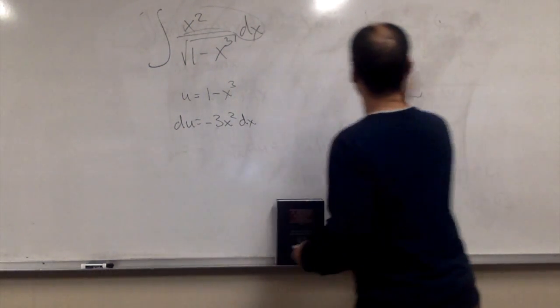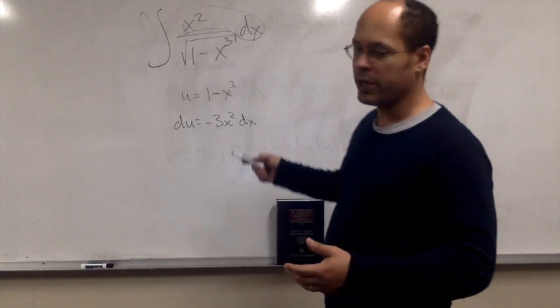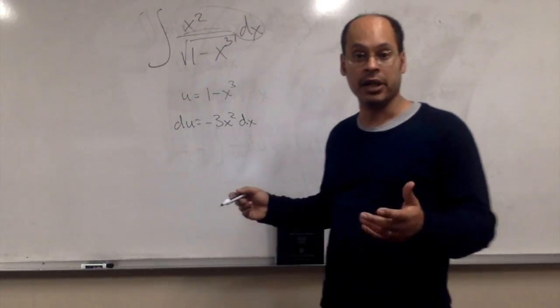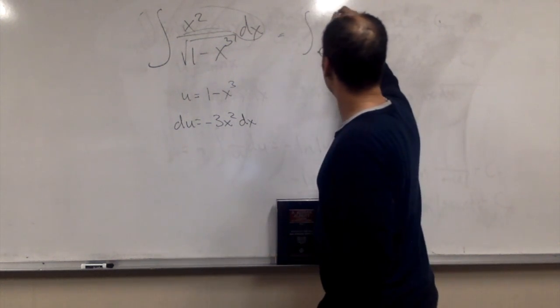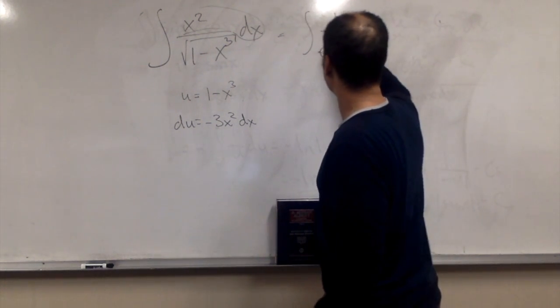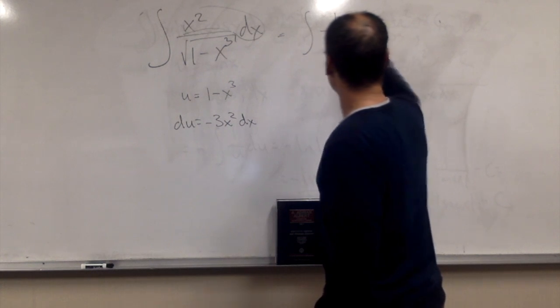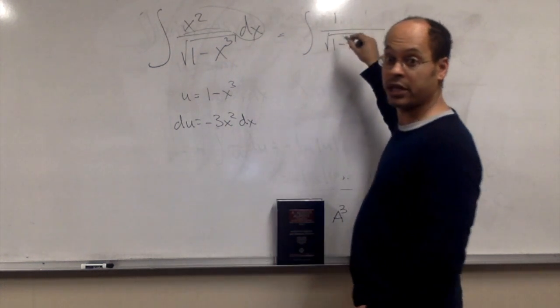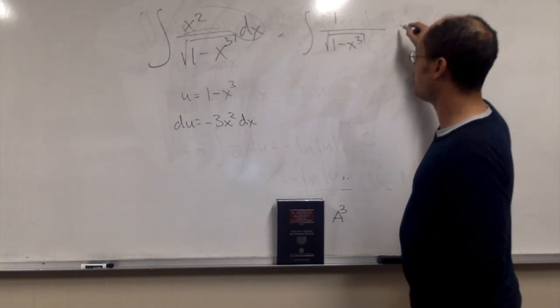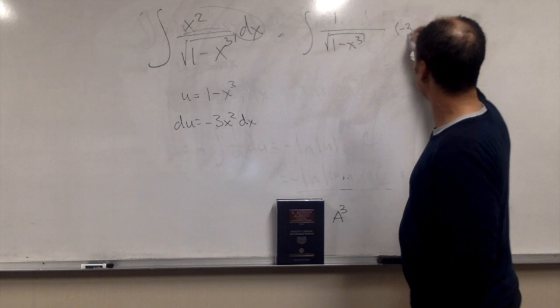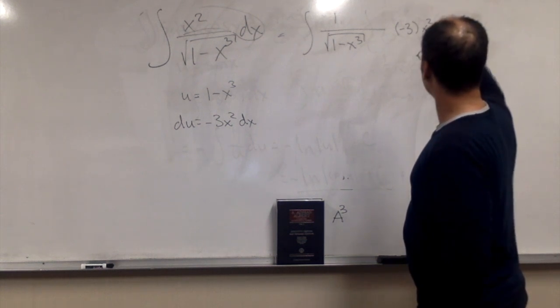One way to sort this out is to basically multiply and divide by minus 3, right? So I can rewrite this as, well, this is the part that I understand, that I know how to deal with. The u is right there. But the part that I want now is I want to have a minus 3 x squared dx.